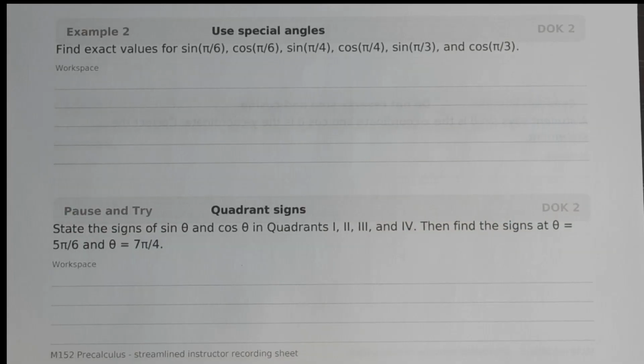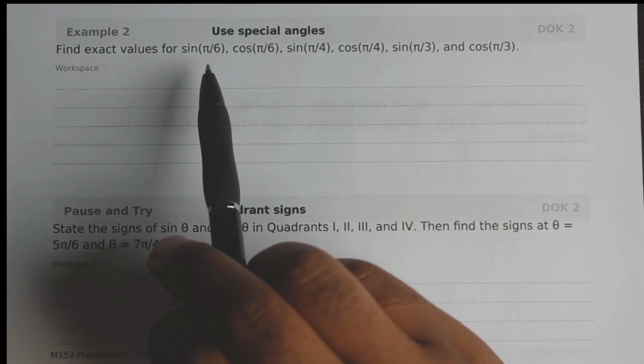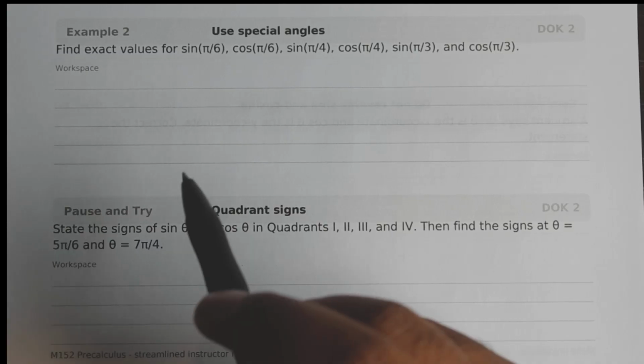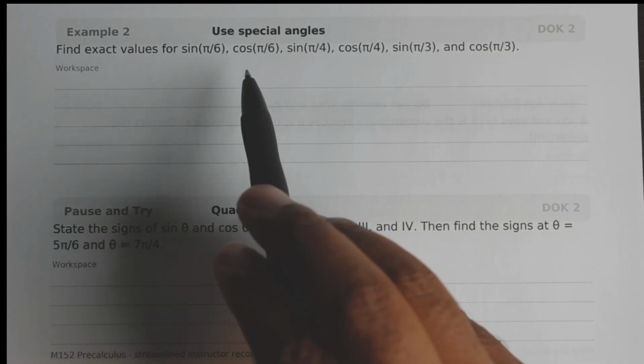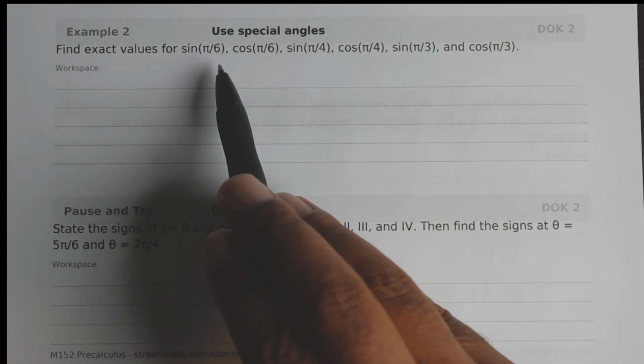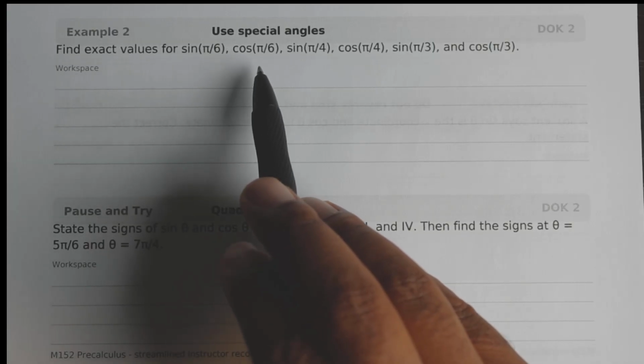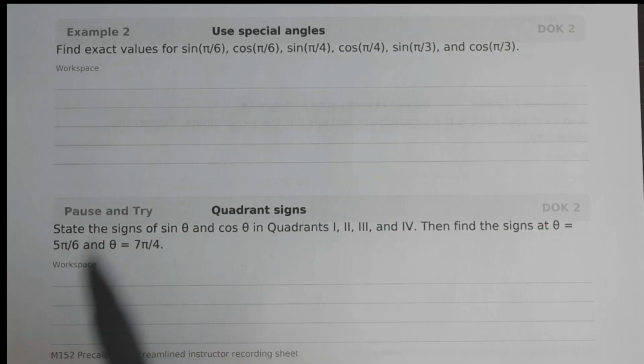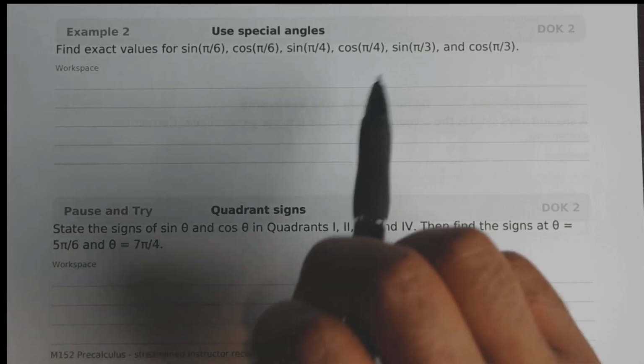Use special angles. Find exact values for the following. Okay. So these are the main special angles in the first quadrant, right? You have pi over 6, pi over 4, pi over 3. And notice the sine and cosine of each.